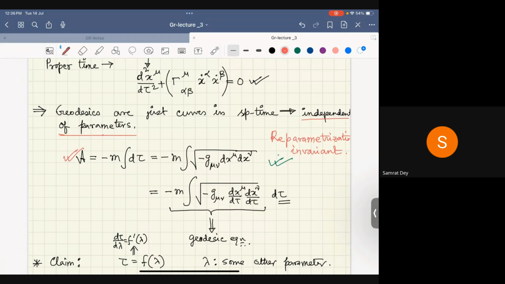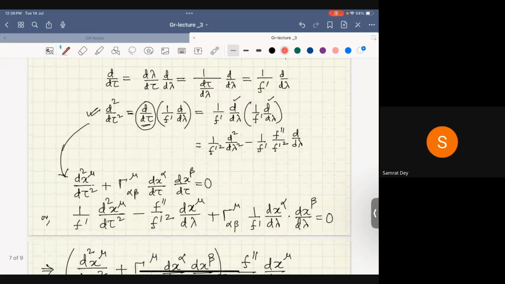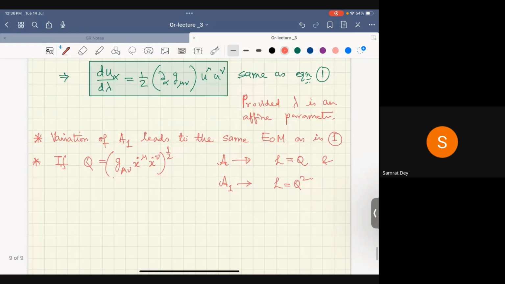On the other hand, it is not necessary to choose an affine parameter with this action, but a more general action like the one that I have written in A1 will lead to the correct equation of motion only when an affine parameter is chosen as the parameter. So for this, affine parameter is the choice.